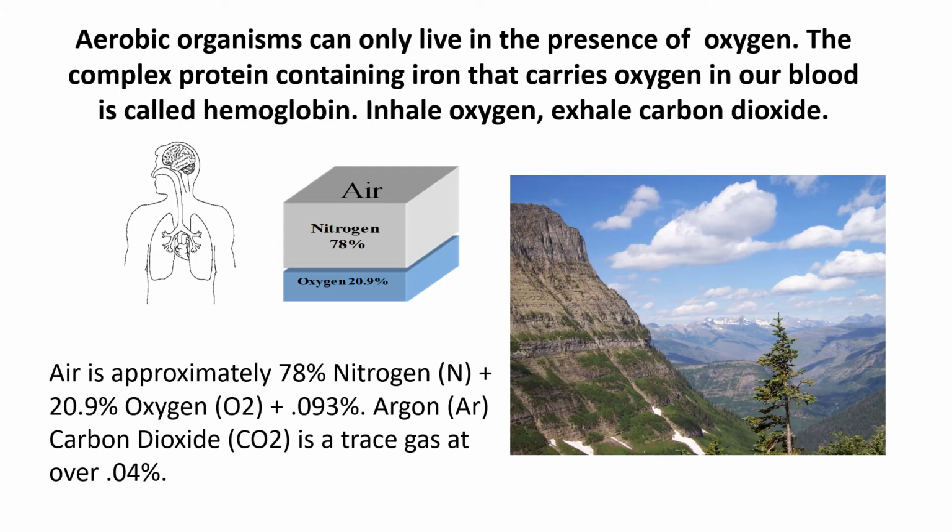Well, that helps us understand aerobic organisms, which is us. We can only live in the presence of oxygen. And we know the complex protein that contains iron, carries oxygen in our blood, is called hemoglobin. We inhale oxygen, we exhale carbon dioxide. So we've already determined air is approximately 78% nitrogen, 20.9% oxygen, about 0.093% argon, and our trace gas of carbon dioxide is just over 0.04%.